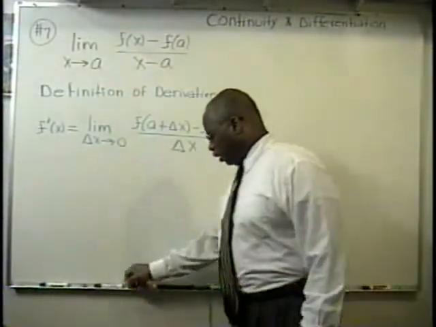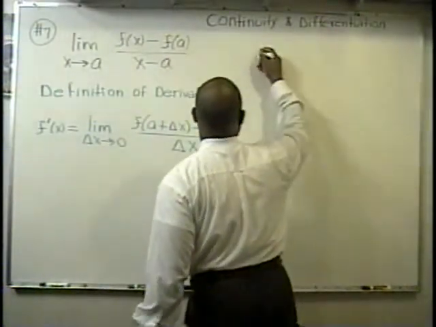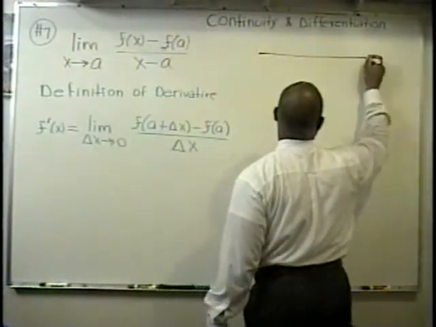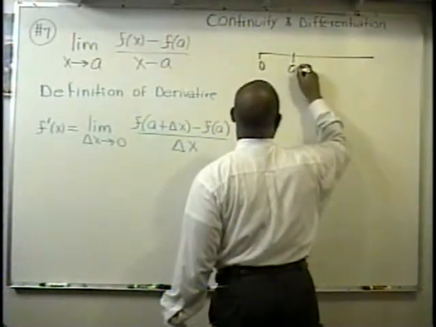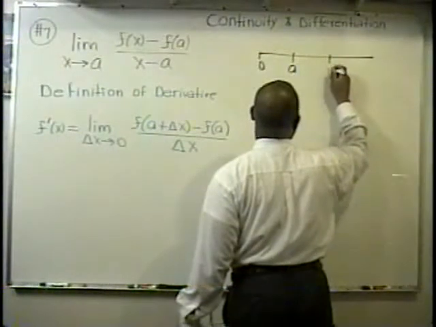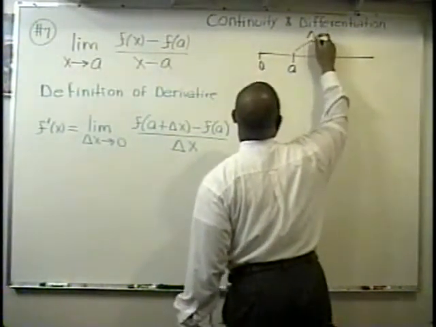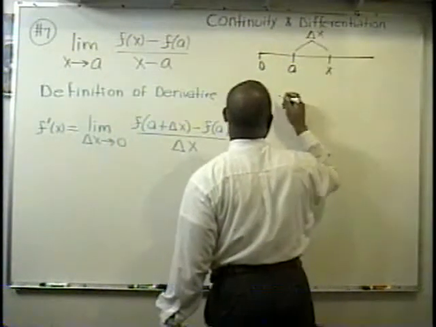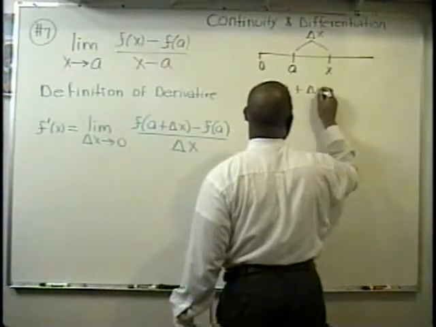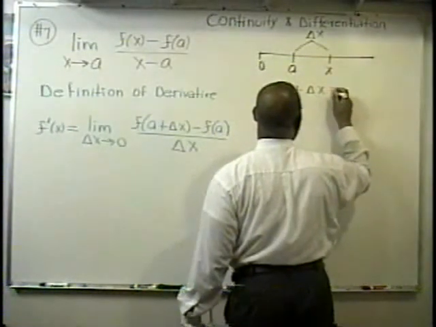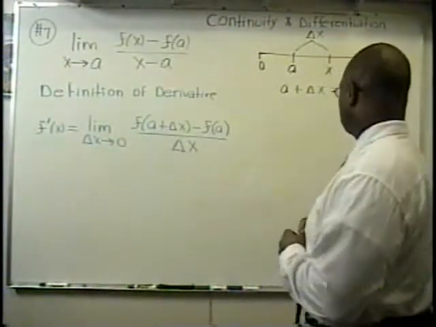So now let's take a look at some geometry. Making use of this little line segment, we'll let this be 0, this is a, and this is x. The distance between a and x is delta x. So now I know that a plus delta x is equal to x.